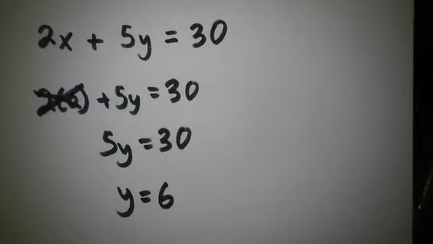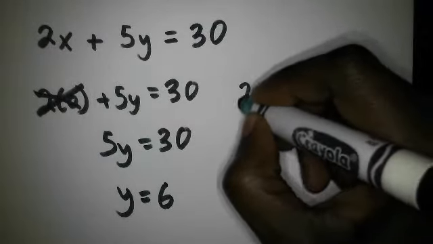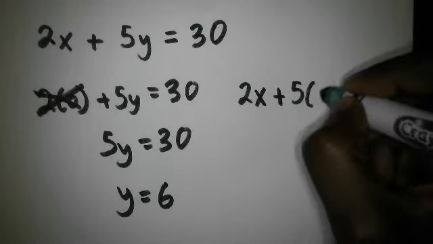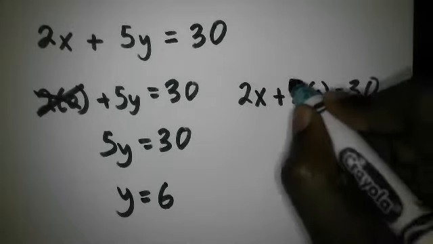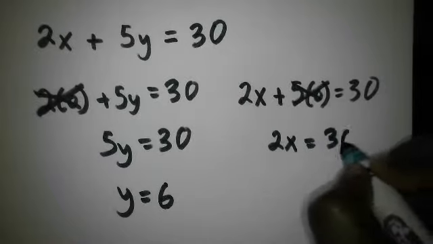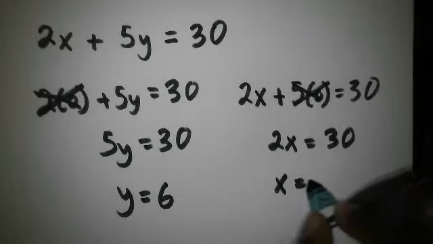Alright, so y is equal to 6. Let's find the x-axis. We have 2x plus 5 times 0 equals 30. Note that 5 times 0 will cancel out, so we are left with 2x equals 30, and 2x equals 30 would be x equals 15.